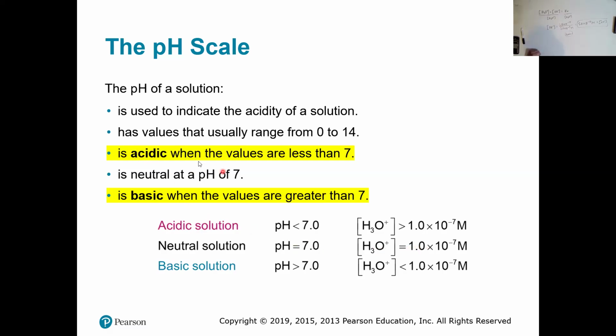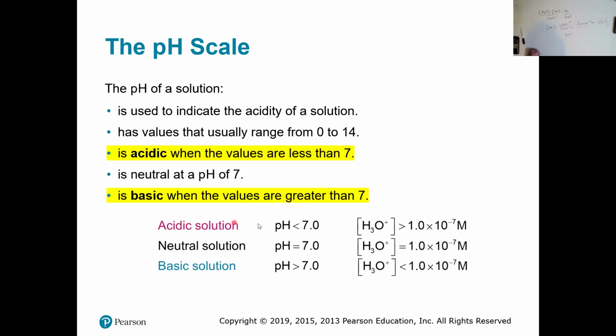When something is acidic, it's going to have a pH value below 7. So the lower the number is on the pH scale, the more acidic that substance is. Something is basic when it has a pH value above 7. So the higher the number is, the more basic the substance is.